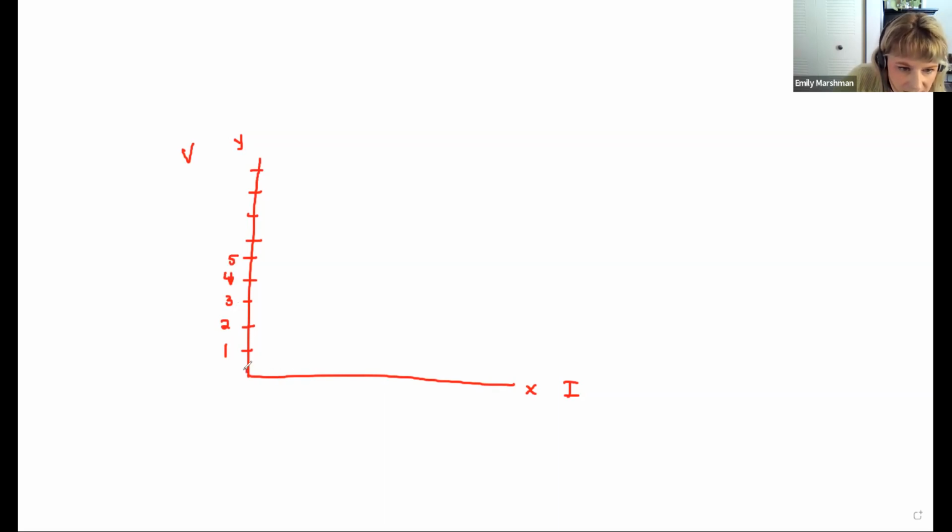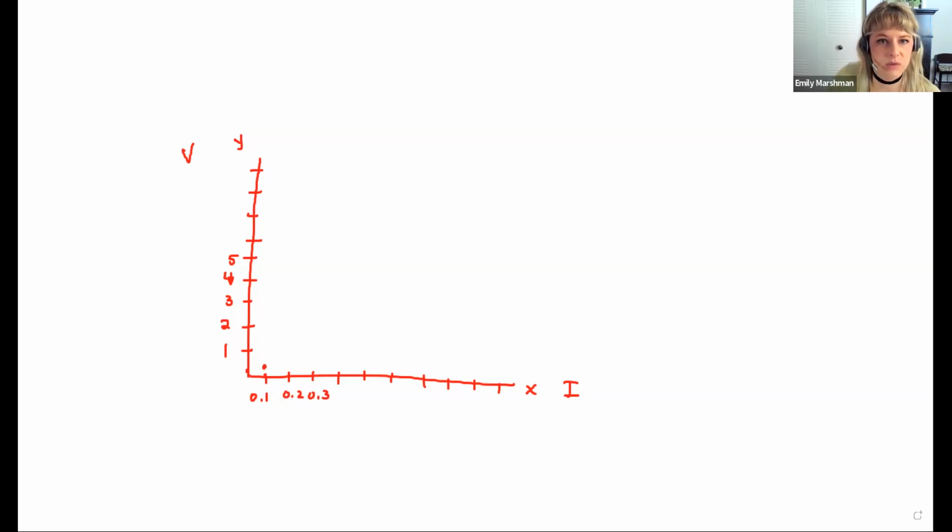And on the x-axis, you can have 0.1 milliamps, 0.2, 0.3. So you'll plot it right here. That'll be your first data point.